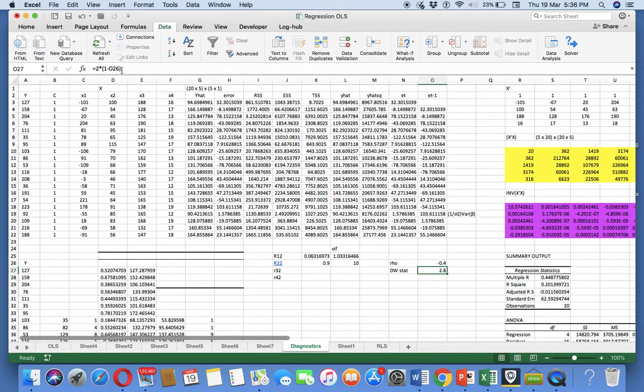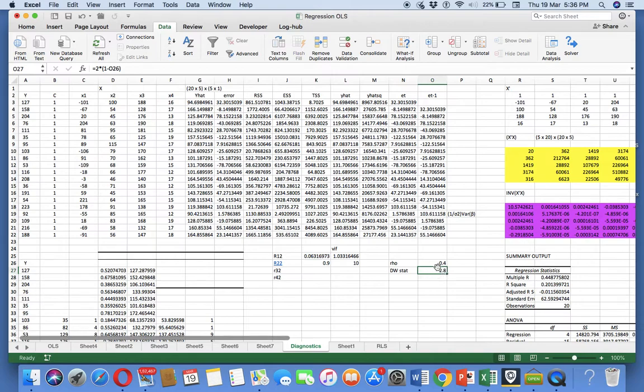The rule of thumb for autocorrelation is that this value should lie between 1.6 and 2.4.